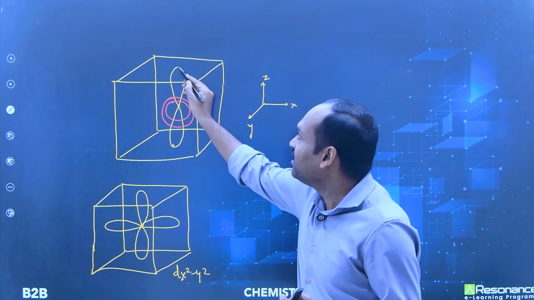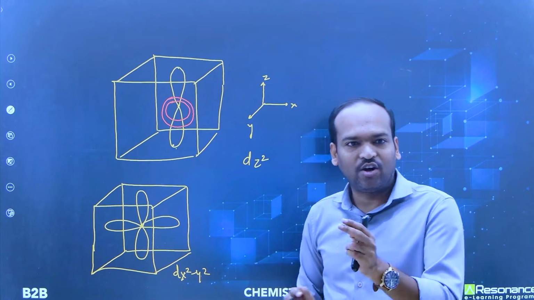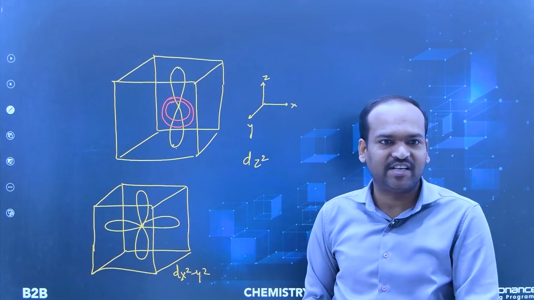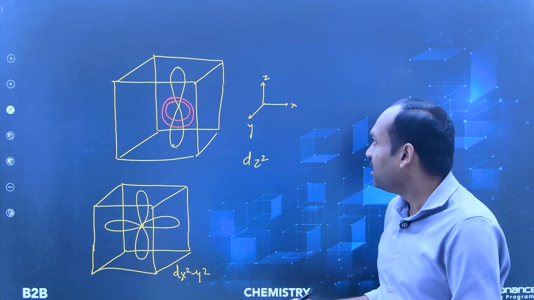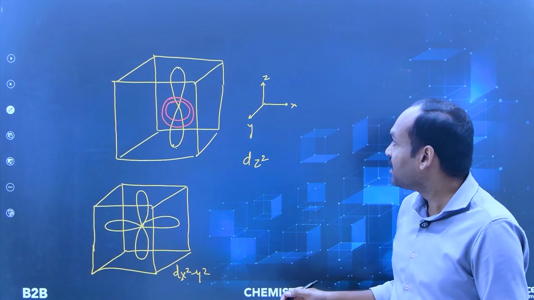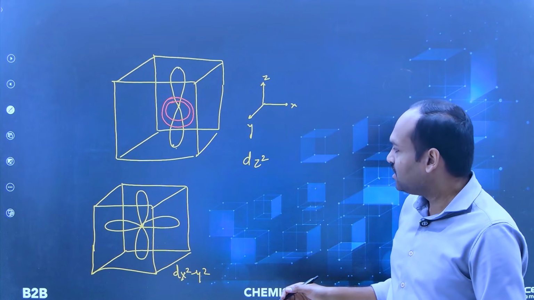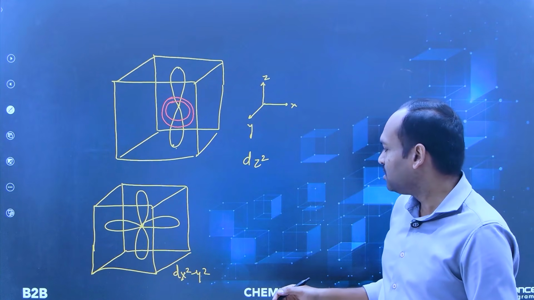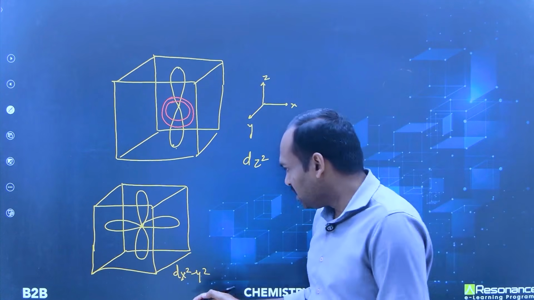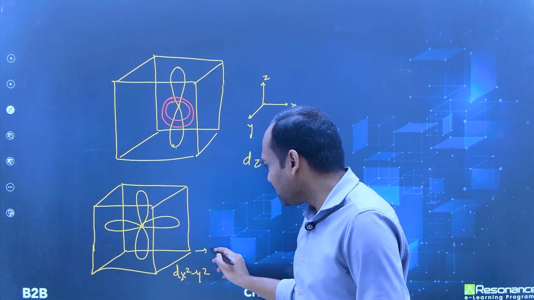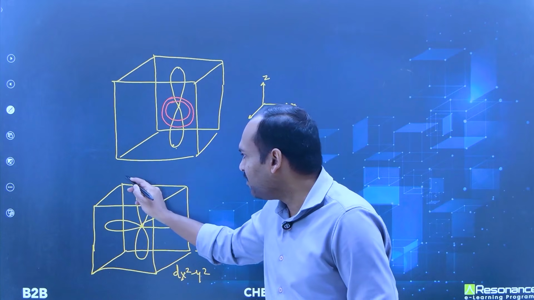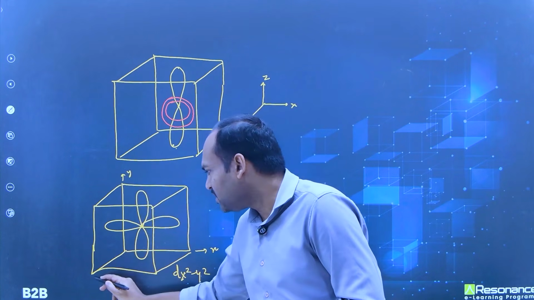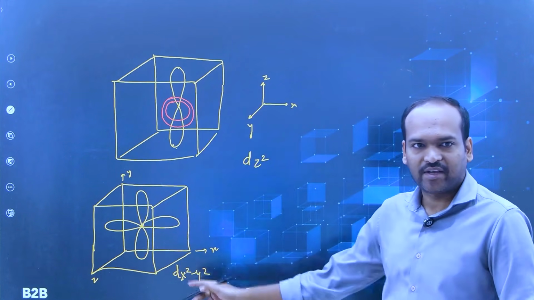What I'm saying is that along the z-axis we have dz square. Okay, then this I took as y here now, because I have to take x here, and this should be y, this should be z. Then this diagram.